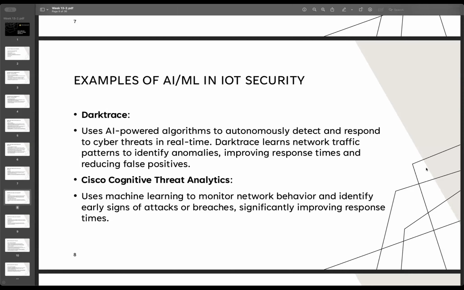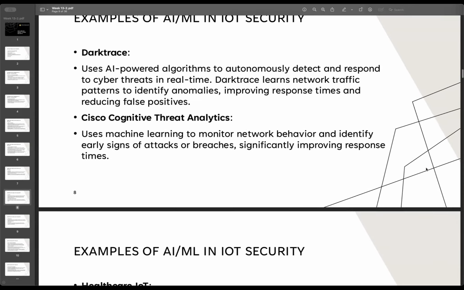Also, we have Cisco's Cognitive Threat Analytics. We use machine learning to monitor network behavior and identify early signs of attacks or breaches, so we can significantly improve response time.